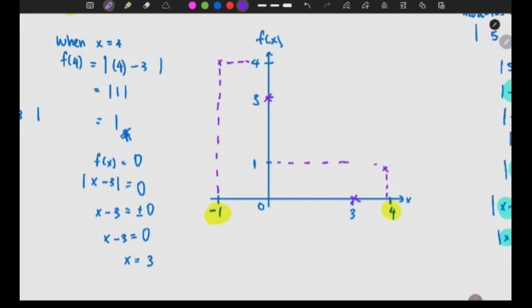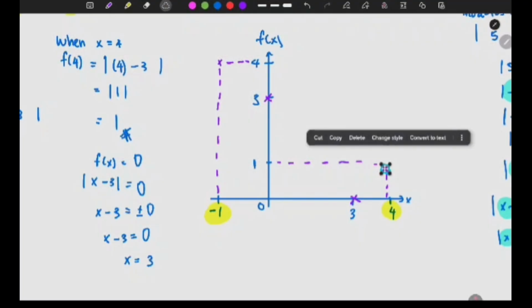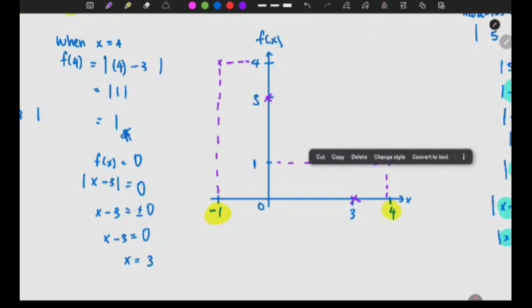Sketching, you don't have to be too accurate because the scale is not too accurate, so you might not get a graph. So what you will see is something different.